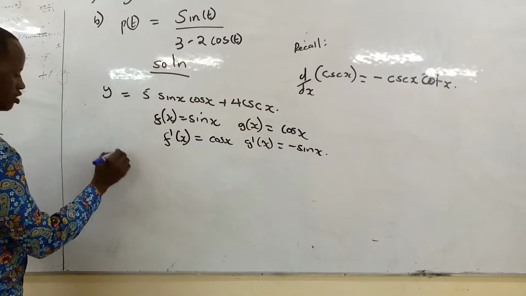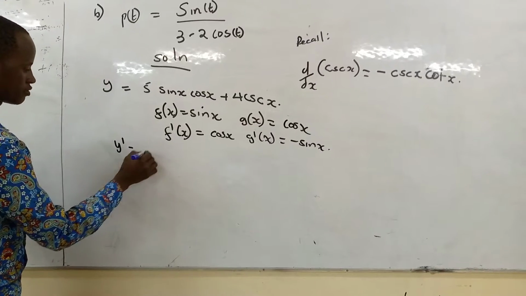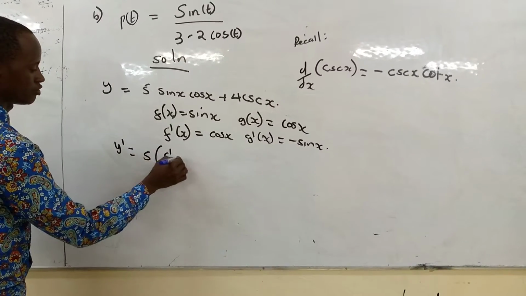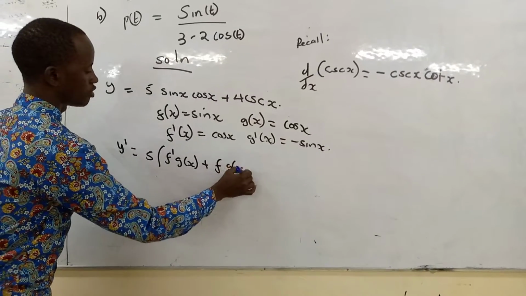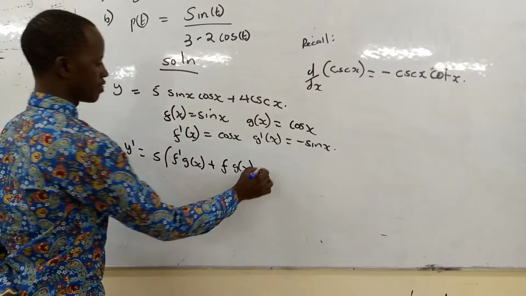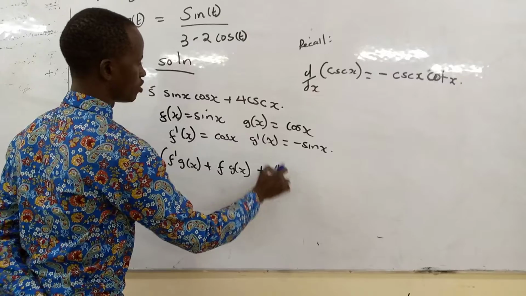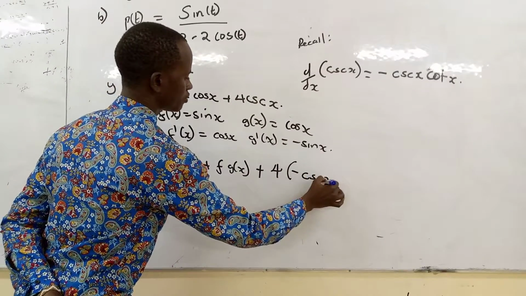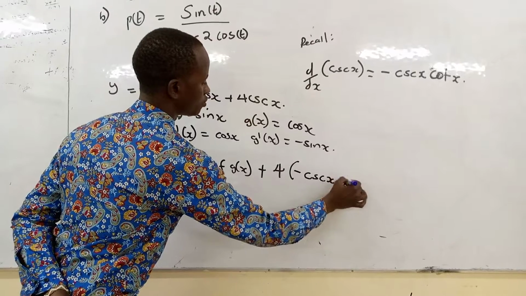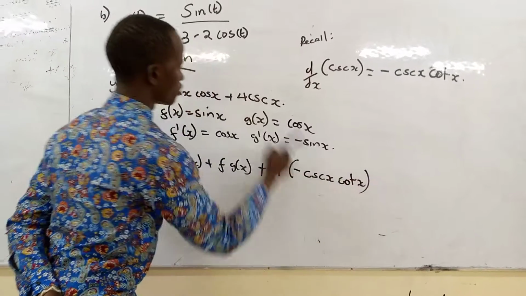After that, to get y prime, it is 5 into bracket f prime g plus f g prime, then plus 4 times the derivative of cosecant, which is negative cosecant of x cotangent of x.